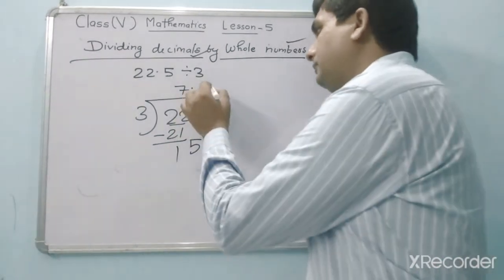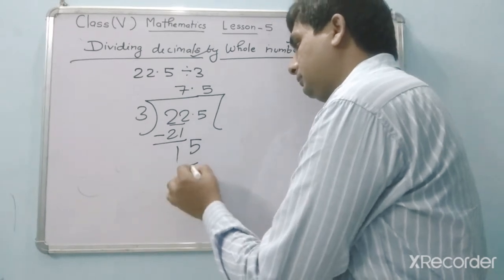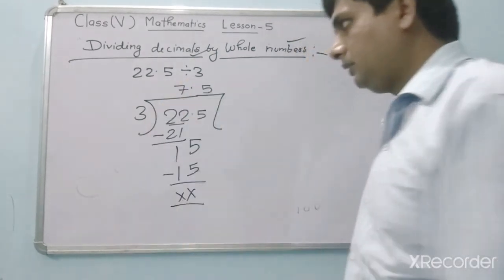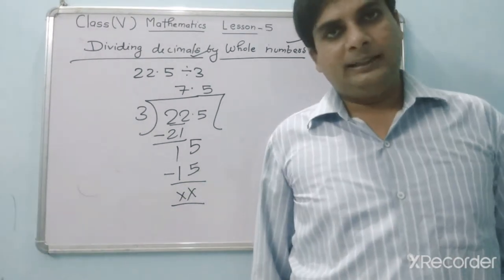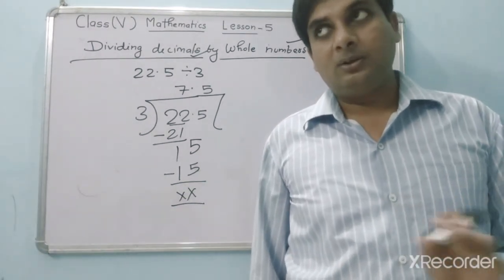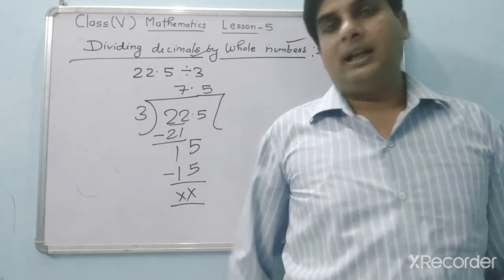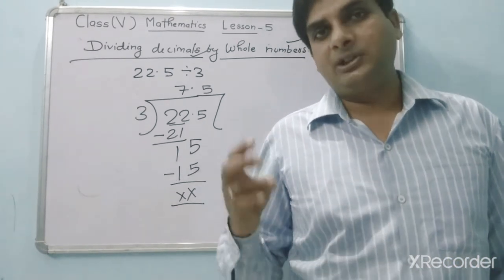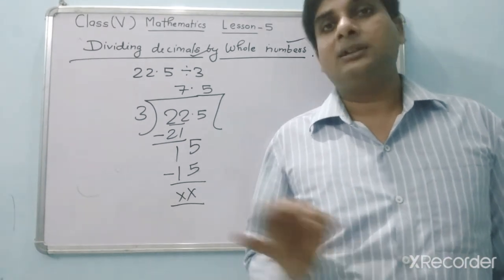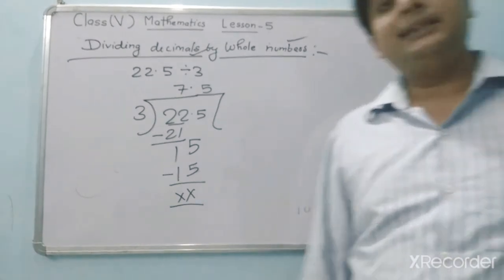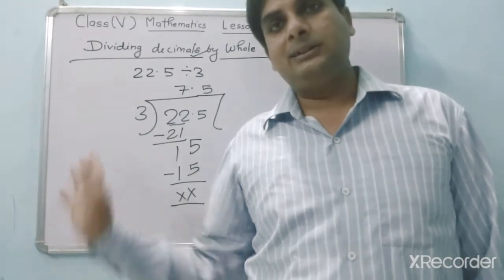Now 3 fives are 15. I think everyone knows division, no confusion. Every student knows addition, subtraction, multiplication and division. So now you know how to divide a decimal by a whole number. This is the way you can divide.